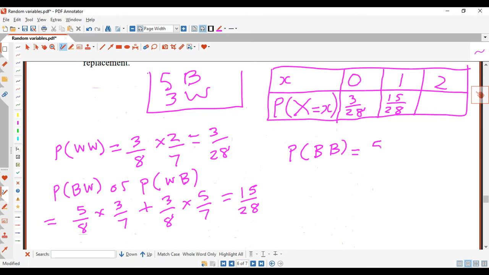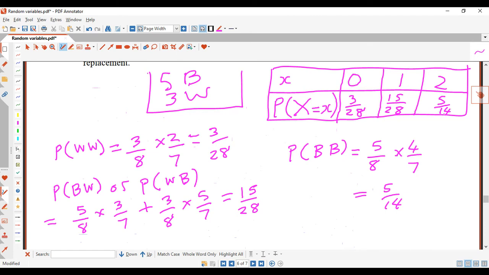Black on the first selection is 5/8, and "and" is times, and black on the second selection will be 4 blacks out of 7. So 5/8 times 4/7 goes to 5/14 as a simplified fraction. I'll just put that in here, 5/14.